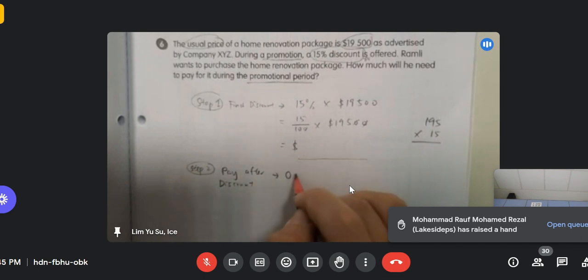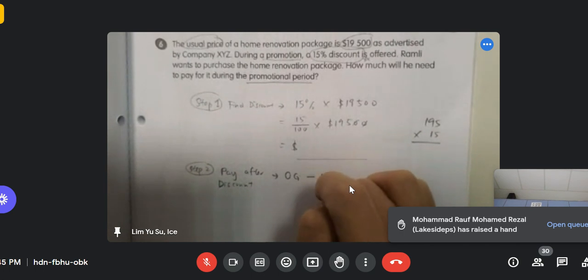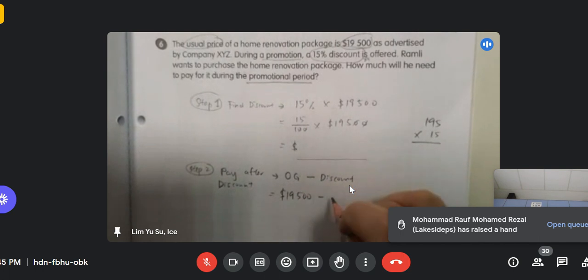You take the original price minus the discount, which is $19,500 minus the answer above. Then you get the final amount. Two steps. Easy or difficult? With that, we finish all the word problems for interest, GST, and discount. I'll give you a bit of time.